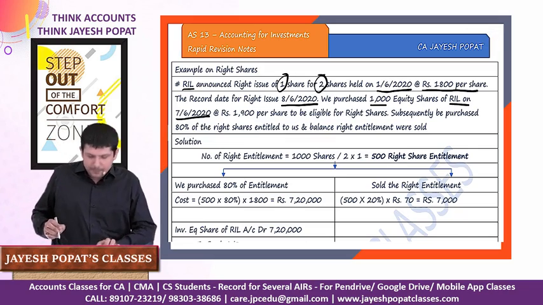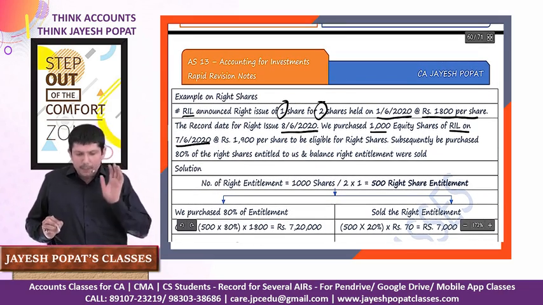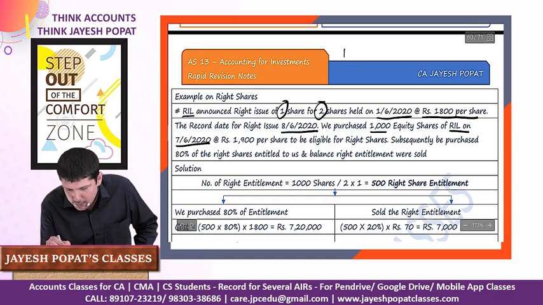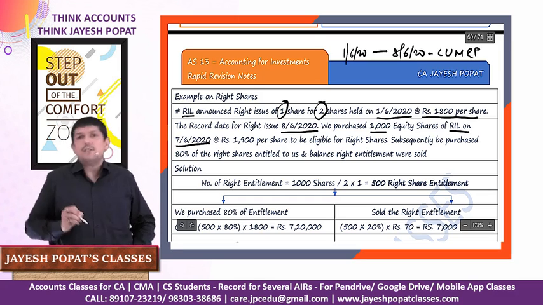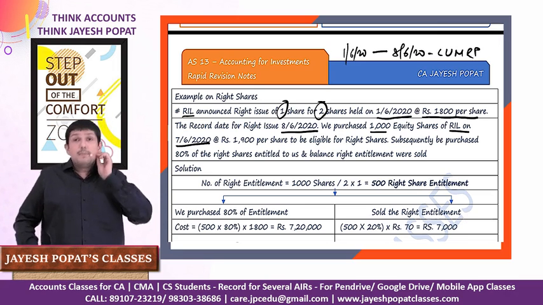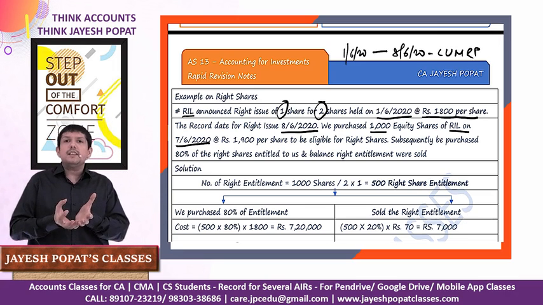See, the market price which will be prevailing in the market between 1st June 2020 and 8th June 2020 will be known as the cum right price. Why will it be known as cum right price? Because more people will be interested in buying these shares.